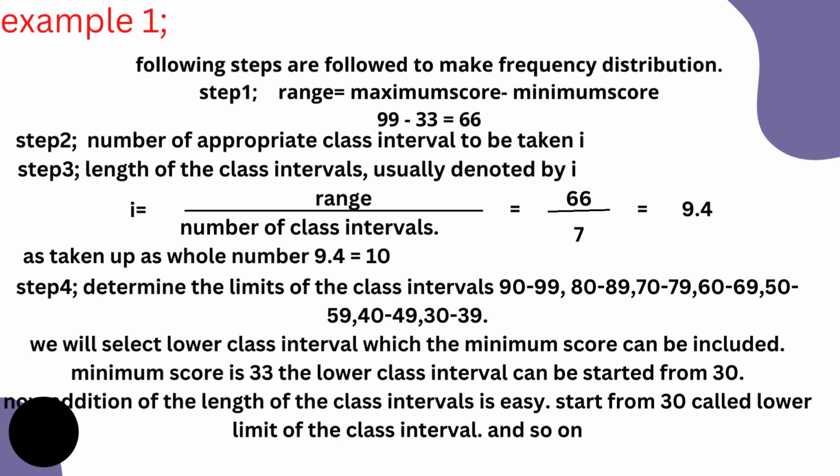Then by adding the length of the class interval, it is easy. Start from 30, called the lower limit of the class interval, and so on. I hope you are getting the concept. It is easy but lengthy.